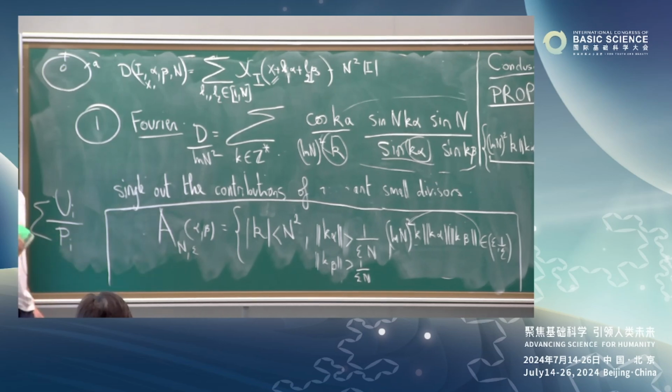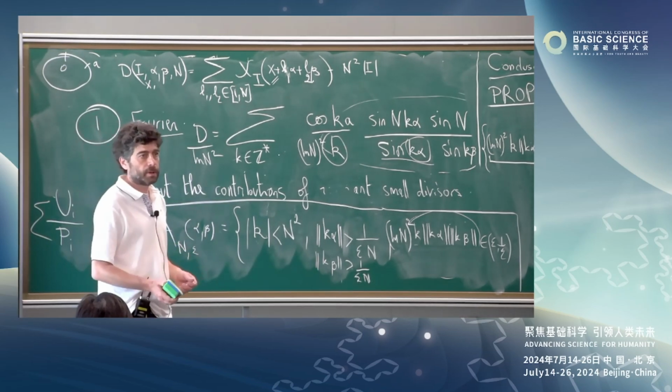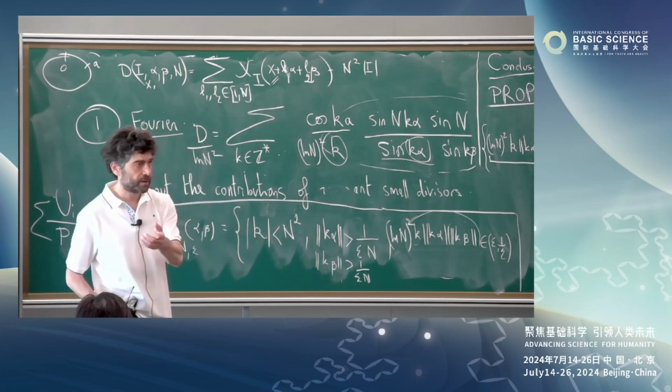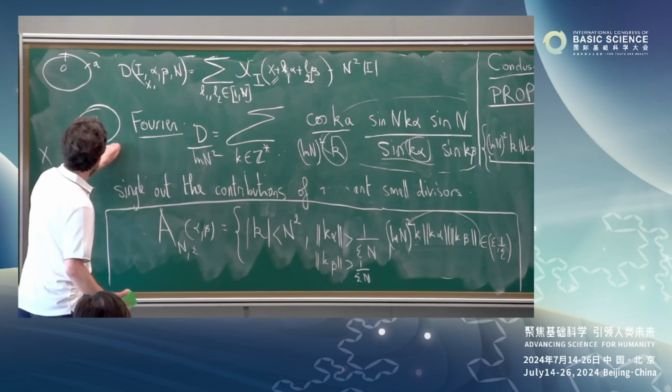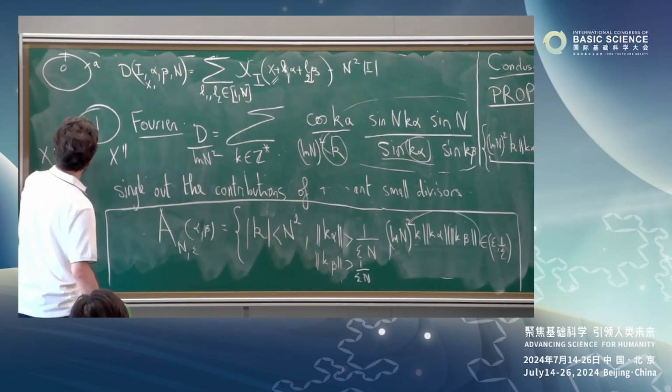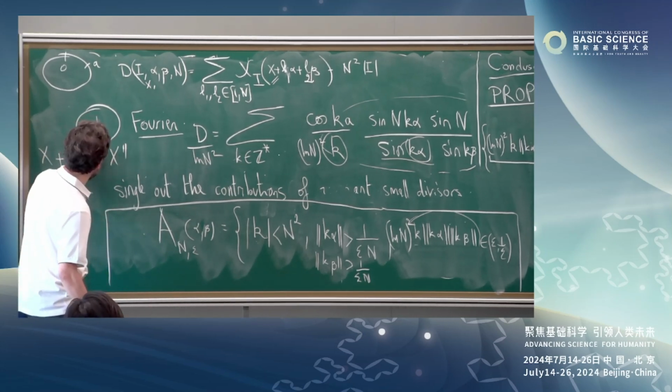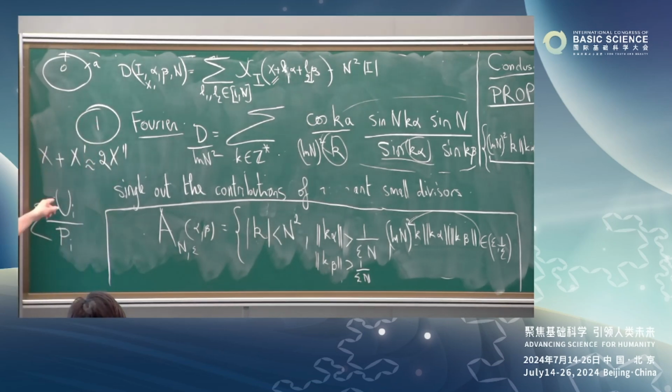Why? Because the Cauchy law is the only law such that if you take copies of it, x, x prime, x prime prime, the sum must be distributed the same way as 2 times this. Just write it down and you will see that this kind of distribution has this property.